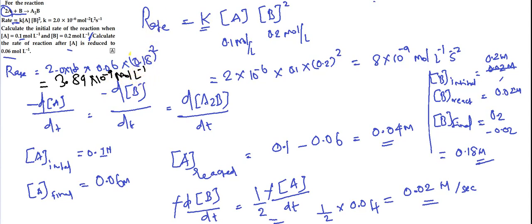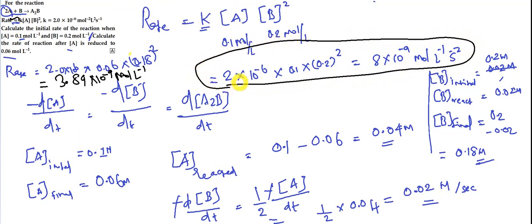So let us have a check over here. Calculate the initial rate of the reaction when A is equal to 0.1 mole per liter, B is equal to 0.2 mole per liter. This is a direct question. They had given the rate equation, so simply we substitute and find it out. This is the answer for the first part. And the second part: calculate the rate of the reaction after A is reduced to 0.06 mole.